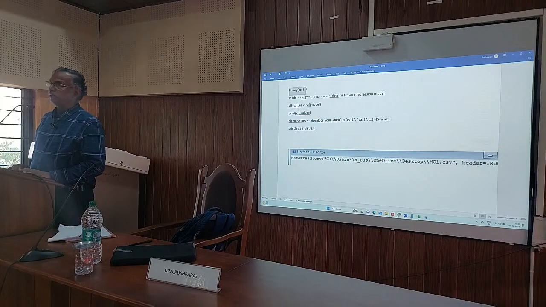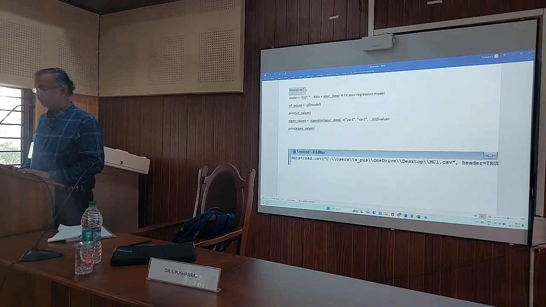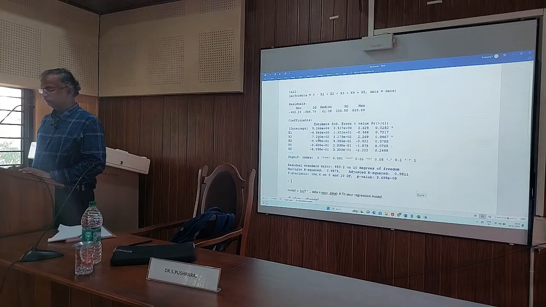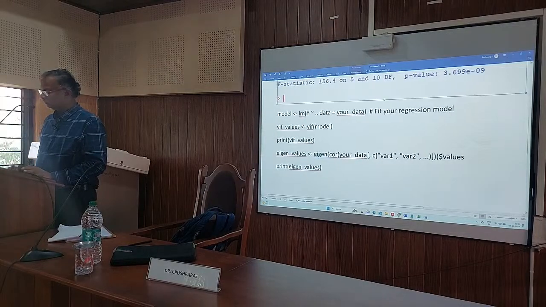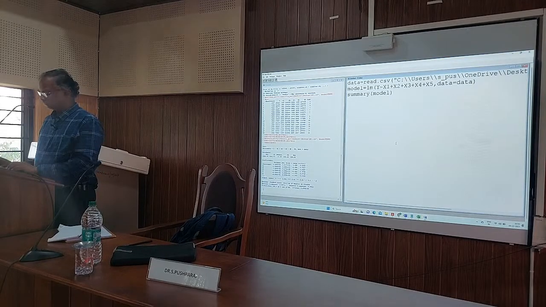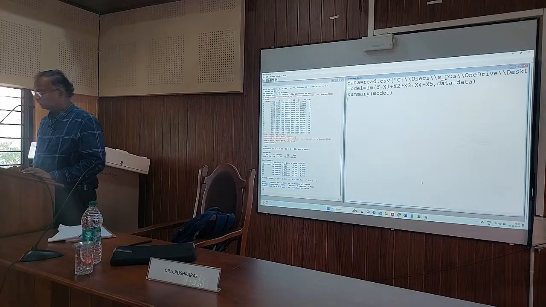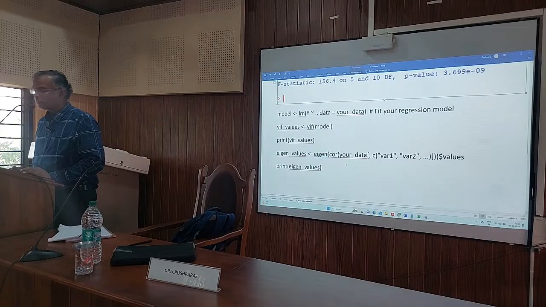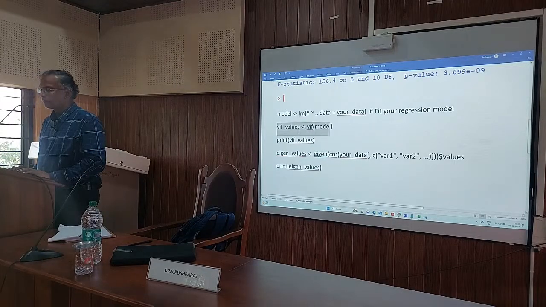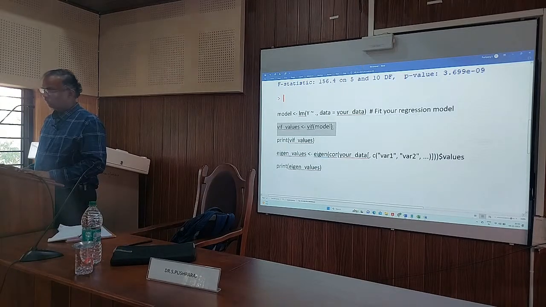Now we can open it, and there is a function called VIF. VIF value, library car.